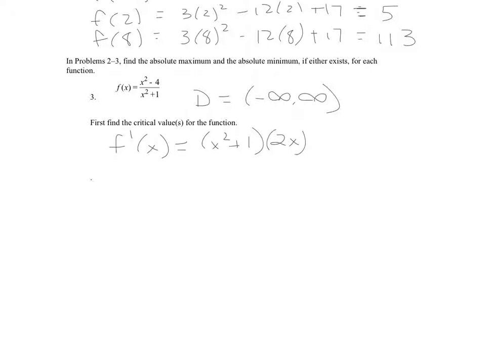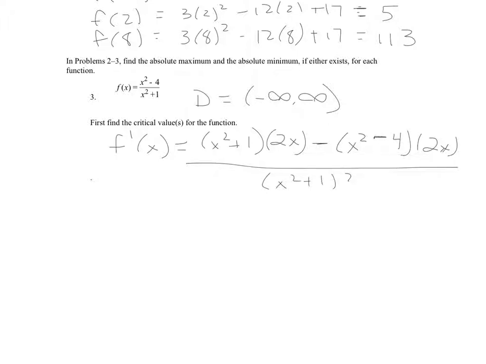2x. Good. Now I need what sign? Minus. Then I write down what? Yeah, I could write down the top, which is the x squared minus 4, times the derivative of the bottom, which would be 2x, and all of that is over what? Bottom squared. Okay, let's do a little cleanup.